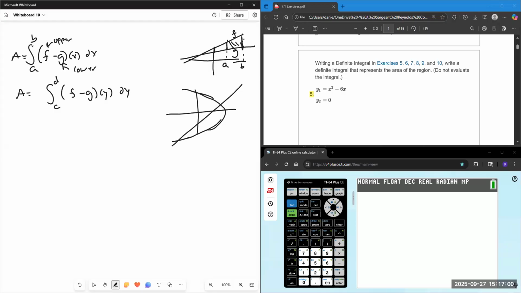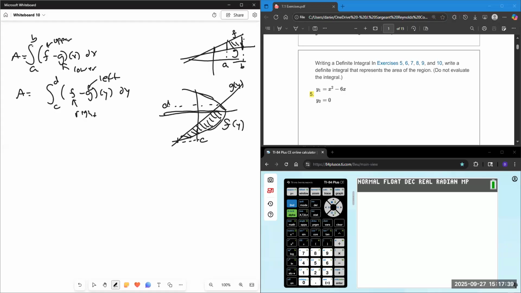Just as an example, here's c to d on y, right? And I'm interested in this where my f of y is to the right, my g of y is to the left.